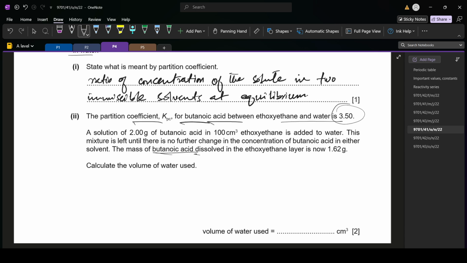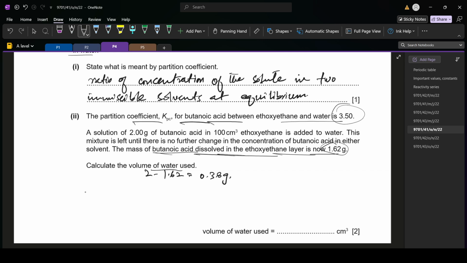Mass of butanoic acid dissolved in the ethoxyethane layer is now 1.65. So what will be the mass in the water layer? It will be 2 minus 1.65, so the mass in the water layer will be 0.38 grams.